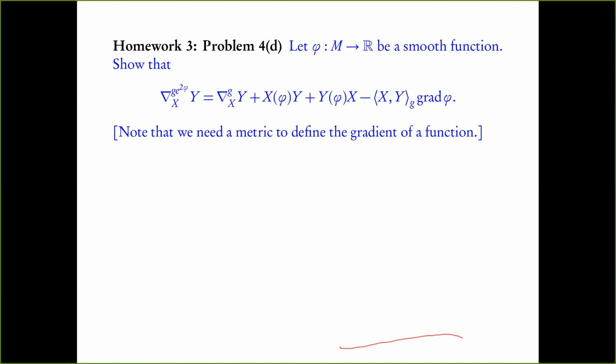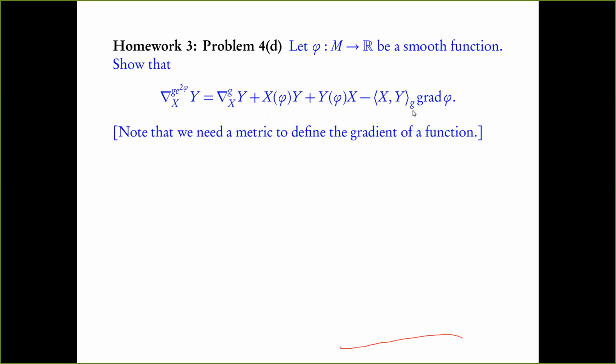So this is something related to that. So that's why I wanted to give this question. The question would have been hard if I just said compute the Levi-Civita connection with respect to this metric.